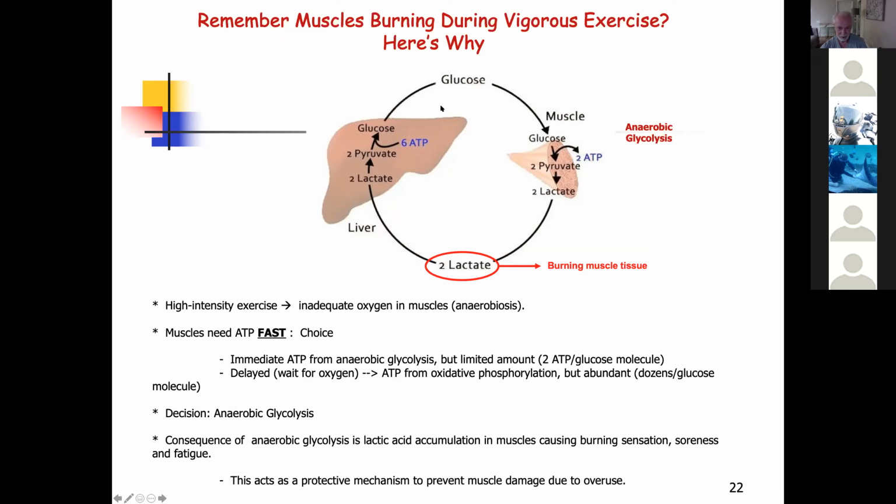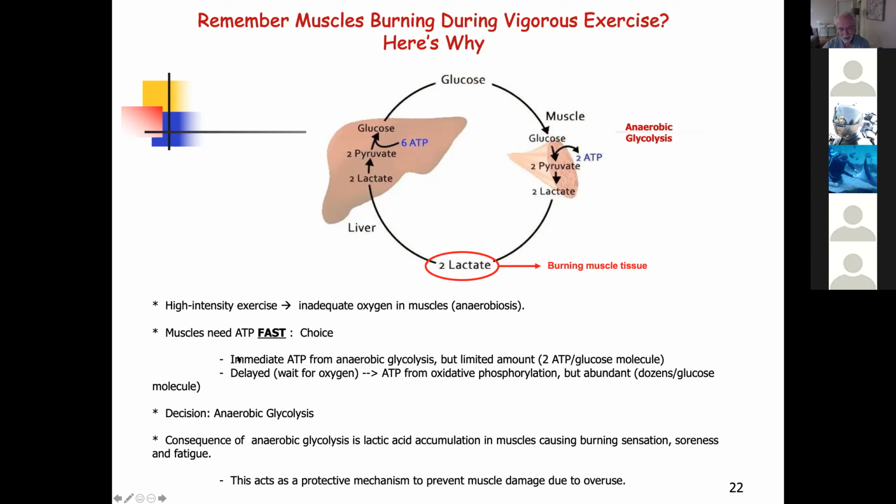So this cycle can go on. But what happens if you are engaging in high intensity exercise? Your muscles run out of oxygen because they're demanding oxygen faster than your lungs can supply it. So your muscles become anaerobic. But they need ATP because they're working hard, they need energy.